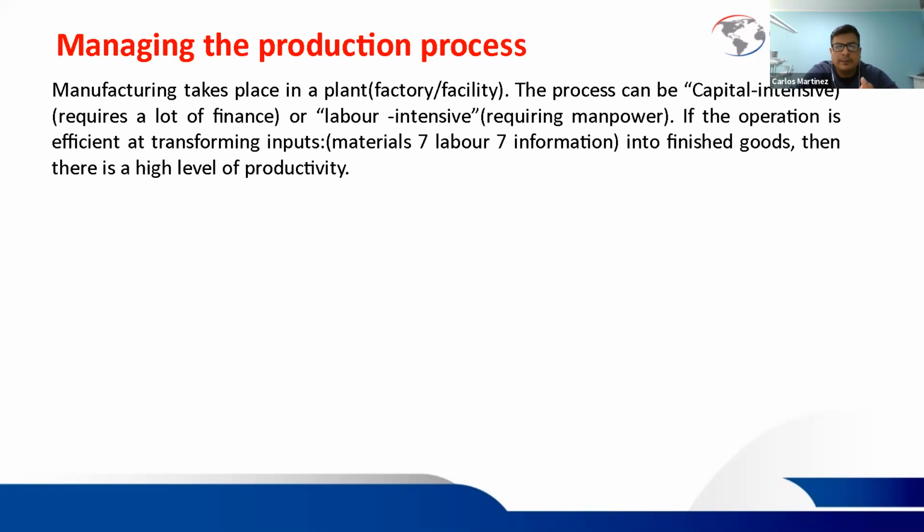Does it need a lot of money? Capital intensive. Do you need a lot of people to be able to produce it? Labor intensive. And are you capable of taking the raw material and transforming it into a finished product? Then you have a high level of productivity. How efficient you are at doing this. Okay, let's continue.